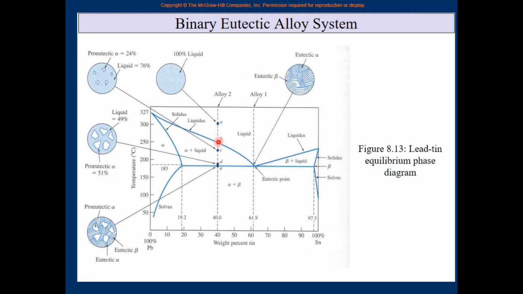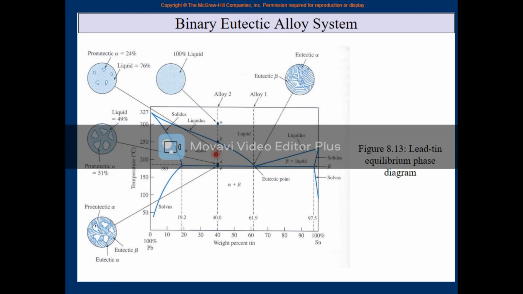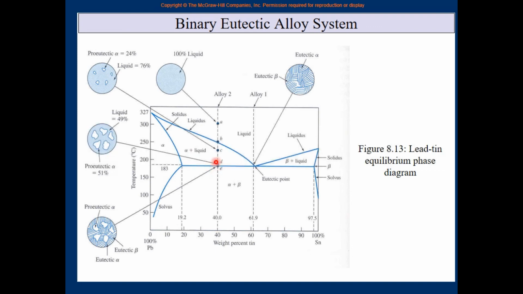When we drop the temperature until we touch the line, a very small amount of liquid changes into alpha solid. When we reduce the temperature more, more of the liquid changes into alpha solid, say 30%. At point D, which is very close to but still above the eutectic line, maybe 90 to 95% of the liquid has changed to alpha solid.